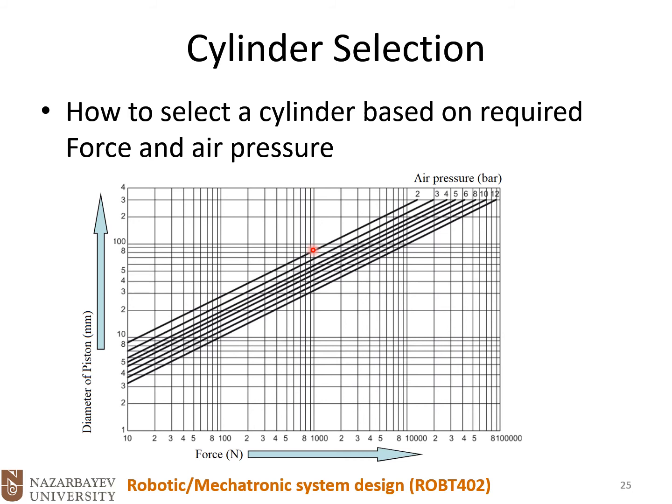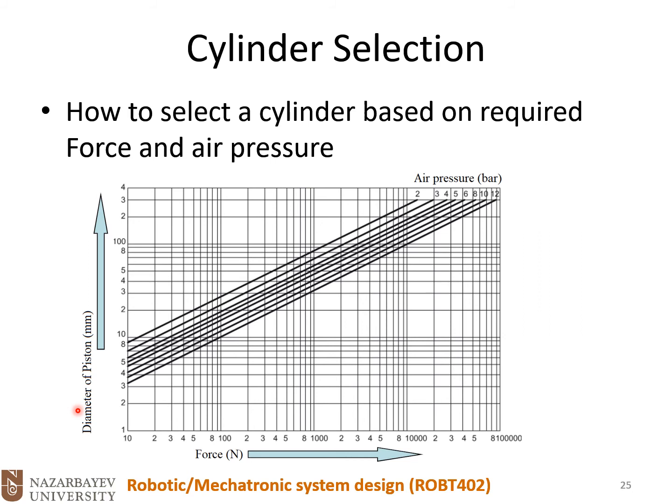So then, based on the pressure of the compressor and the force at the output, we could find the proper diameter of the piston. If we increase the diameter of the piston, of course, we could have a higher force at the output.